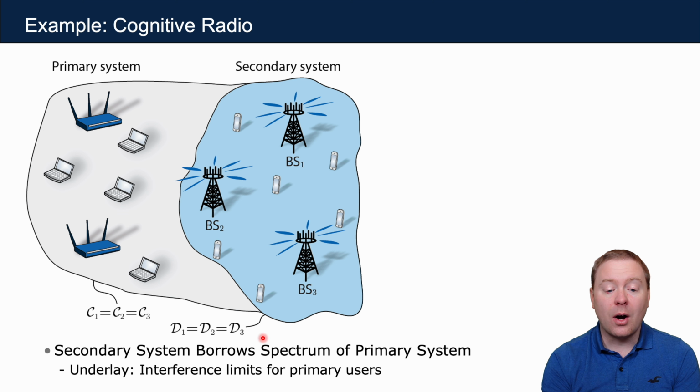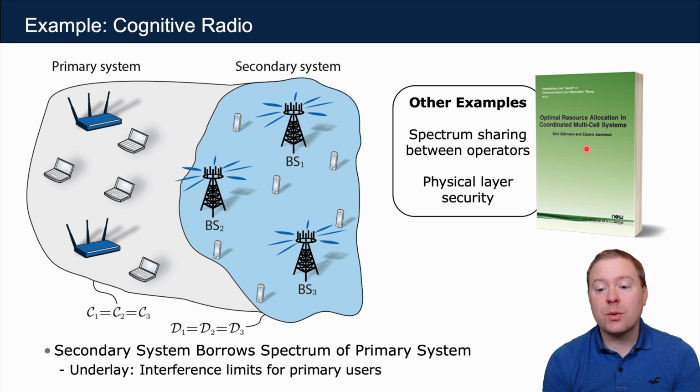And then there is some outer area, which also includes the primary system, where you would like to coordinate your interference and make sure that you cause so little interference to the primary system that you are not destroying its operation. That is the essence of cognitive radio. And in our textbook, Optimal Resource Allocation in Coordinated Multicell Systems, we also have some other examples: spectrum sharing between operators, physical layer security, and you can make up many other kinds of scenarios where you can use the dynamic operation cluster to model all of these different systems at once.